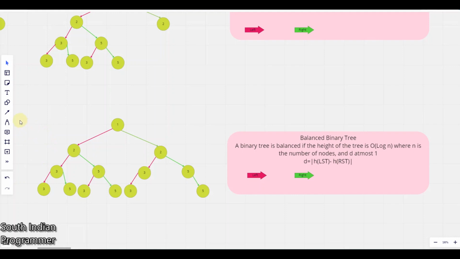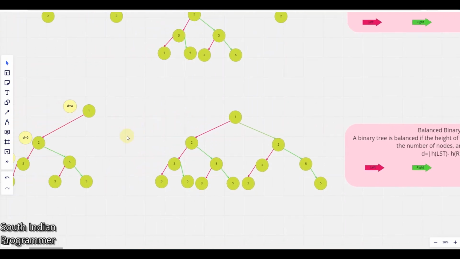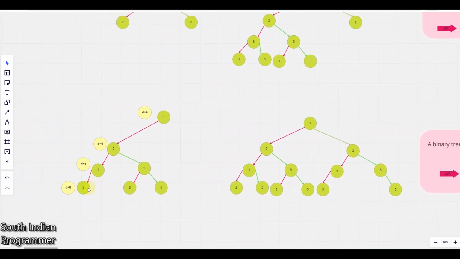You could have heard of AVL trees, and there are a lot of balanced binary trees. Here you can see this node doesn't have any right or left subtree, so d is 0.